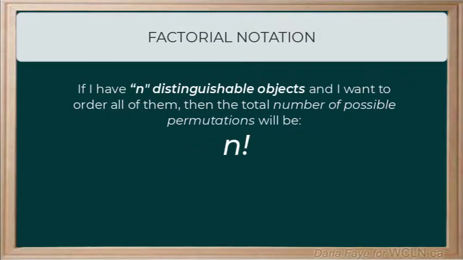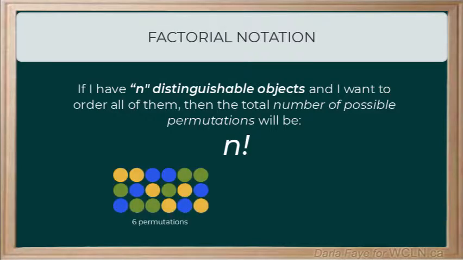In general, when I have n number of distinguishable objects and I want to order them all, I can use this expression n factorial to determine the number of possible permutations. This gives us a more efficient way to calculate that circle example we did back at the beginning. We had 3 distinguishable circles and we wanted to order them all.